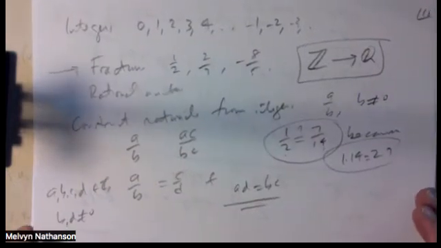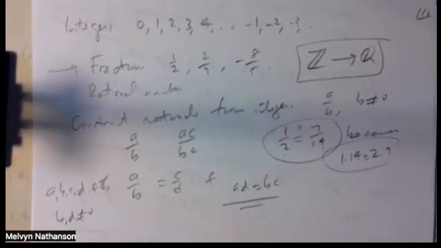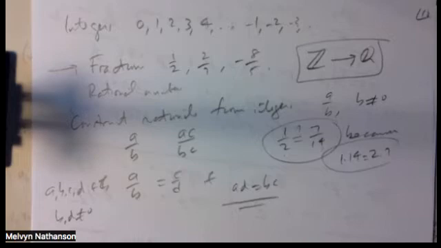So if you think about how you learned arithmetic, and I have no idea what grade they teach you about fractions, but however you learned arithmetic, somehow they taught you that this is how you tell if two fractions are the same.